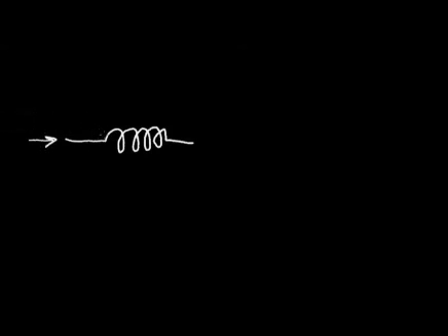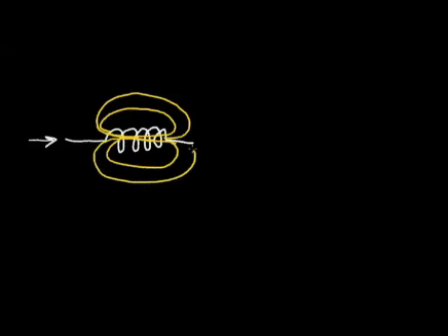And because of the coil, the magnetic field inside of this coil region will become stronger. So let's draw the magnetic field. And this strong magnetic field will increase the inductance properties of this wire.